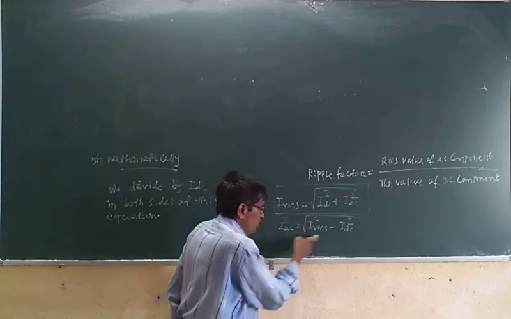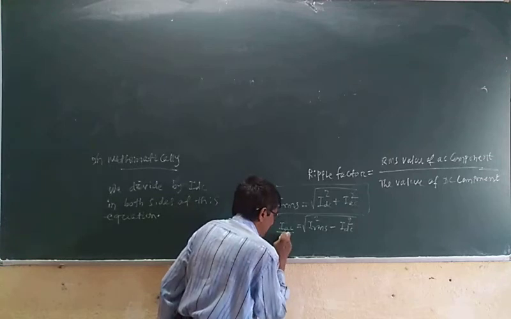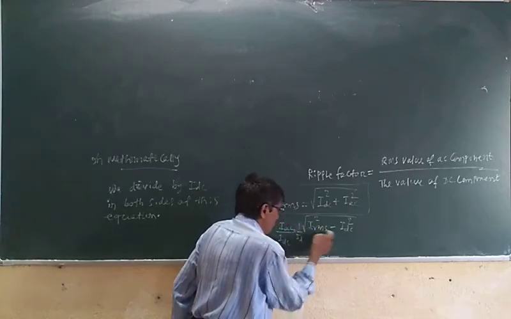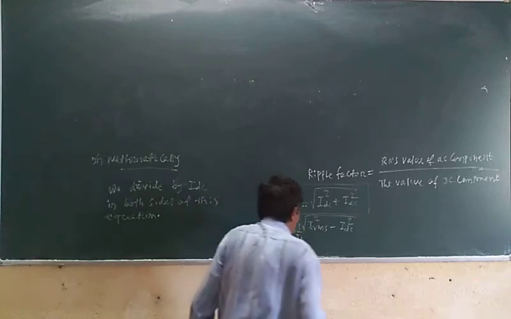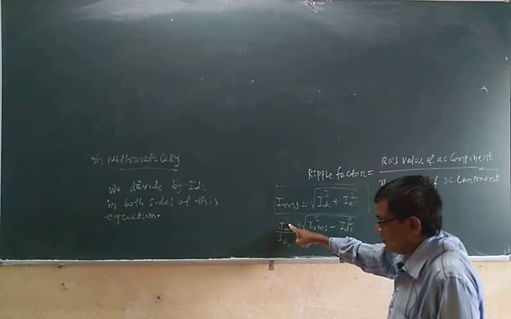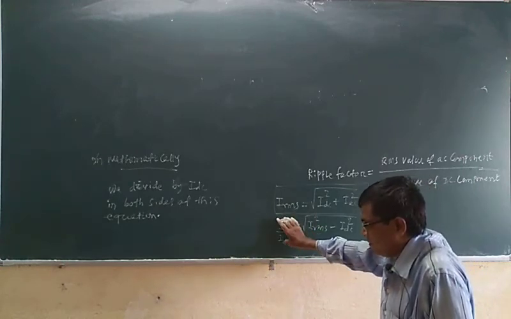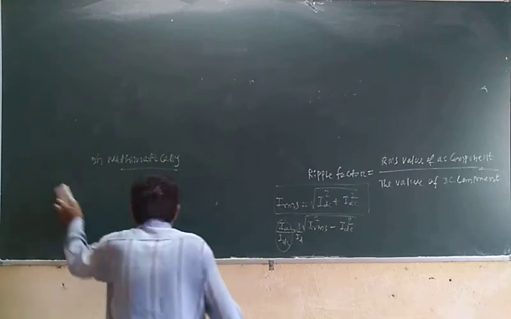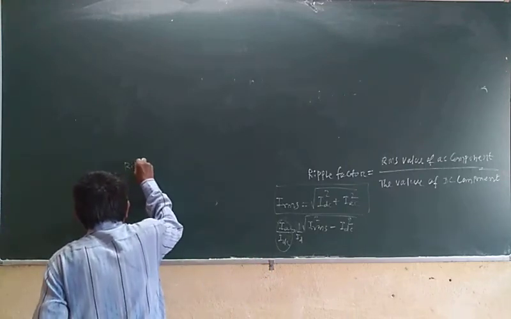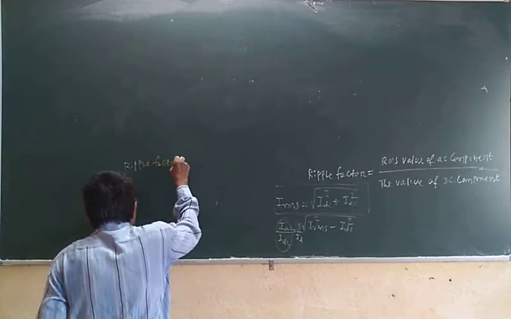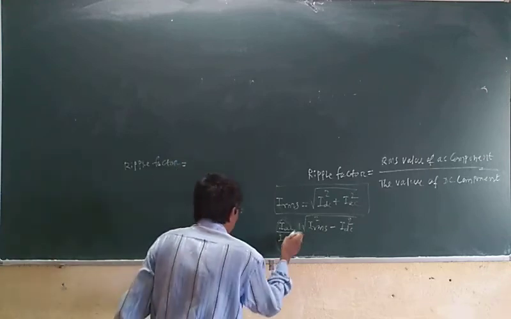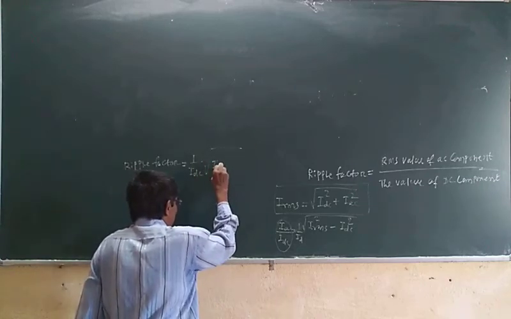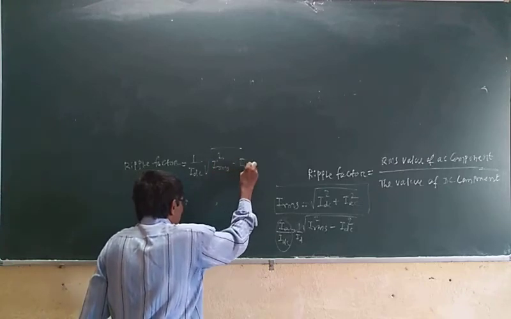Then IAC divided by IDC equals 1 by IDC into the square root of IRMS square minus IDC square.